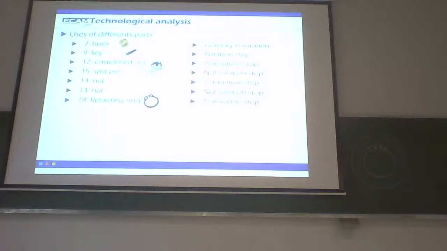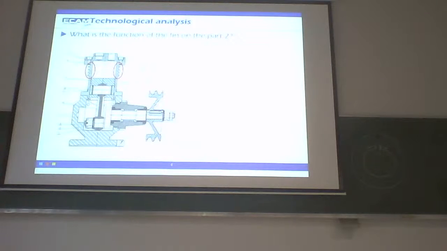To help you understand the functioning of this mechanism, you can ask why we have drawn a shape like this, the fins on the part 2. What do you think about this?